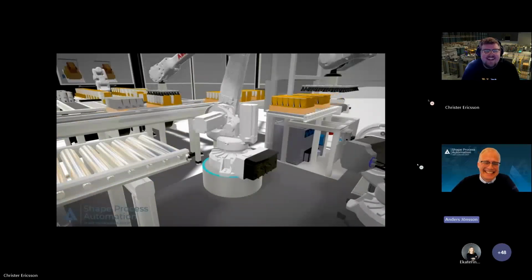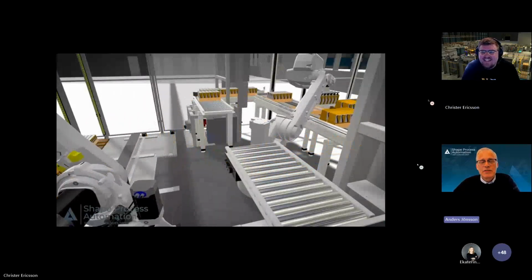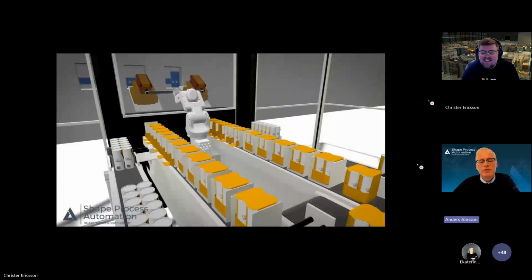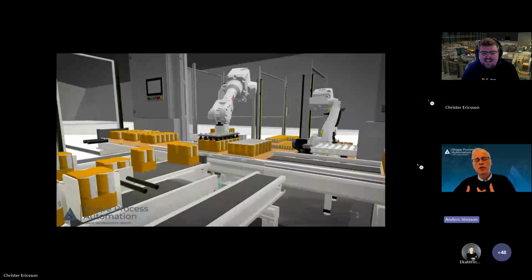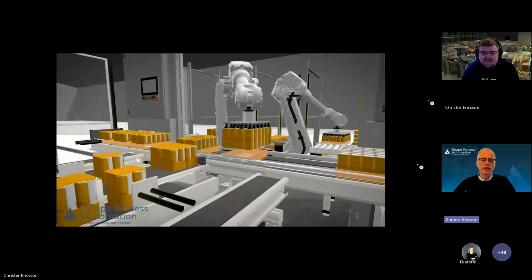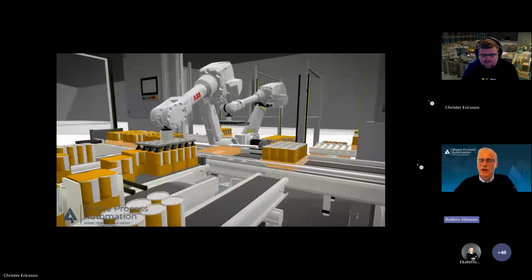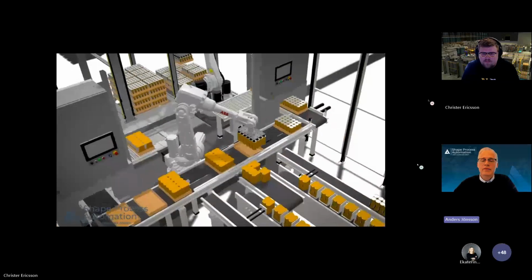Yeah, really good. It's also, I would not say trivial, but it was good for us. This was made for customer discussions, but also internally. Okay, how will this work? You see, it's not perfect, but it shows conceptually what will go on. And can we manage the cycle times?